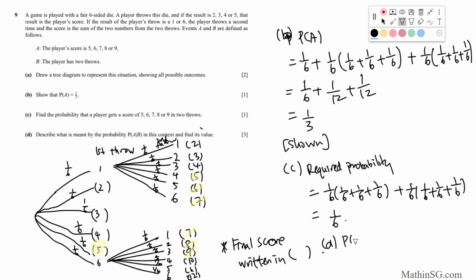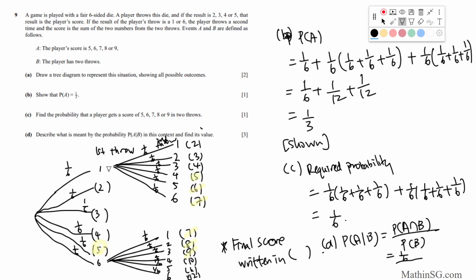Okay, then find its value. So P of A given B is P of A intersect B over P of B. What is the probability of A intersect B? It's basically 1 over 6, right? You get 5, 6, 7, 8, or 9 and he has had 2 throws, which is basically the result from part C. Then what is the probability of B?